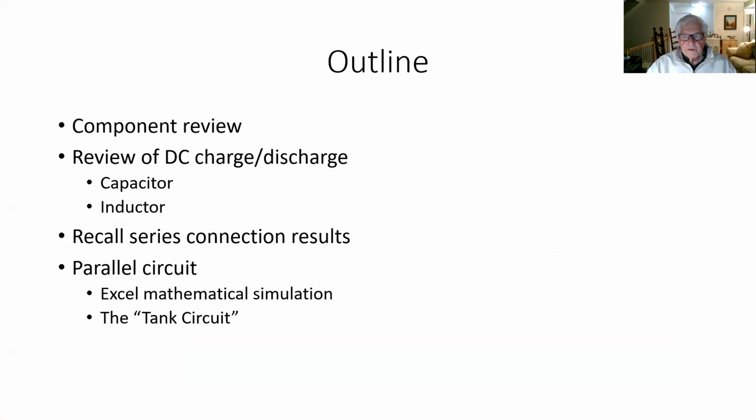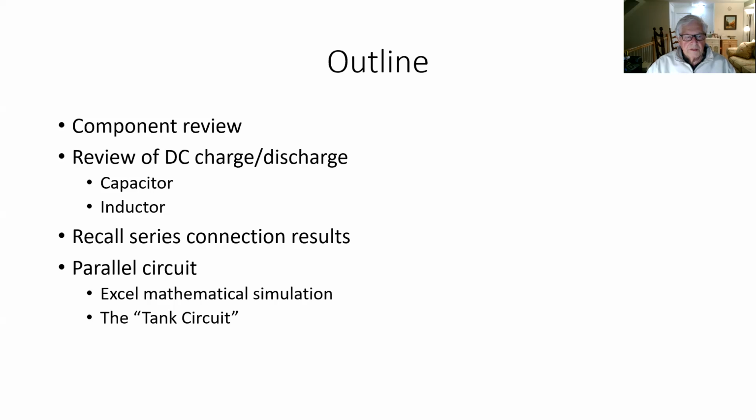First, we're going to do a little component review. We'll look at how the particular passive components that we want to use are charged and discharged, whether it be a capacitor or an inductor. We will again revisit the series connection results.